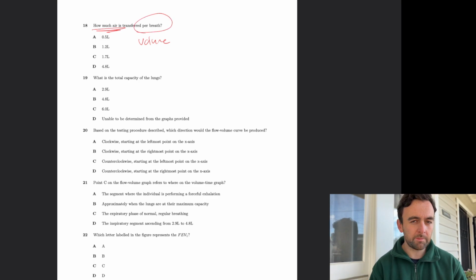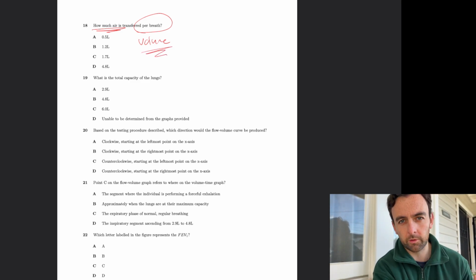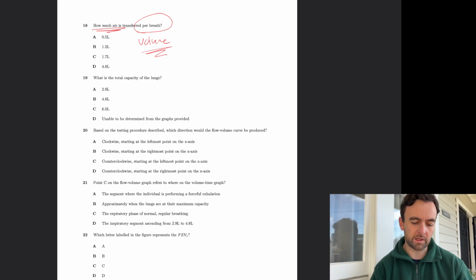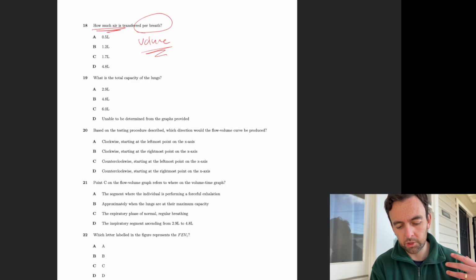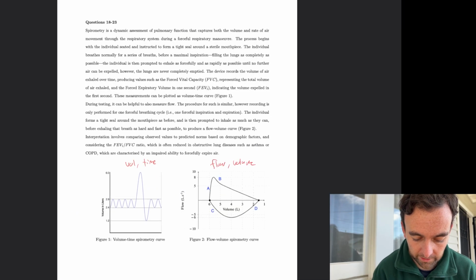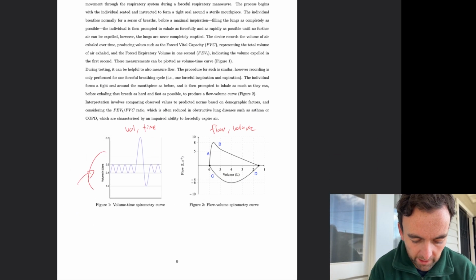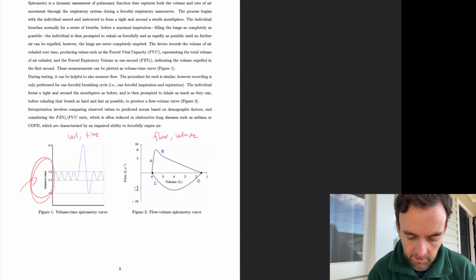So we should already be thinking we need the graph where volume is on the y-axis, because you generally go from the x to the y. I guess you might have some circumstances where you could go from y to x, but generally you're going from x to y. So we should already be thinking, okay, this is going to be the graph on the left, because this one has volume as our y-axis.